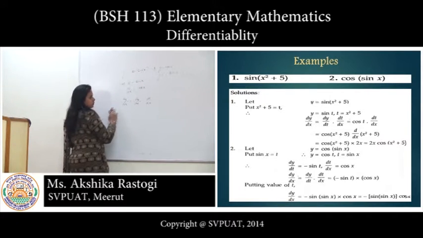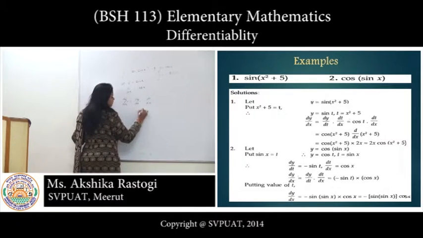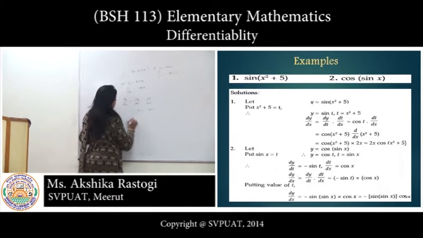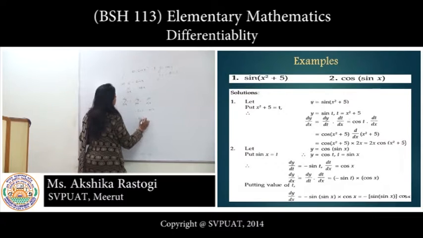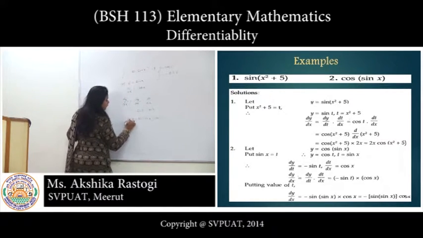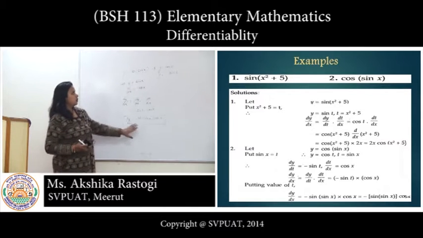Putting the two values in our formula, we have minus sin t into cos x. We put the value of t as in our earlier example, t equals sin x. So our required answer is dy over dx equals minus sin(sin x) into cos x.